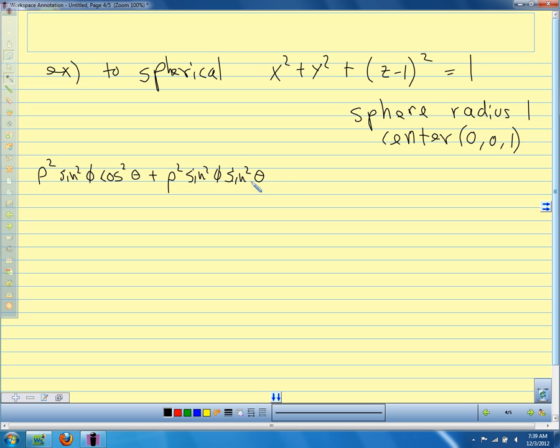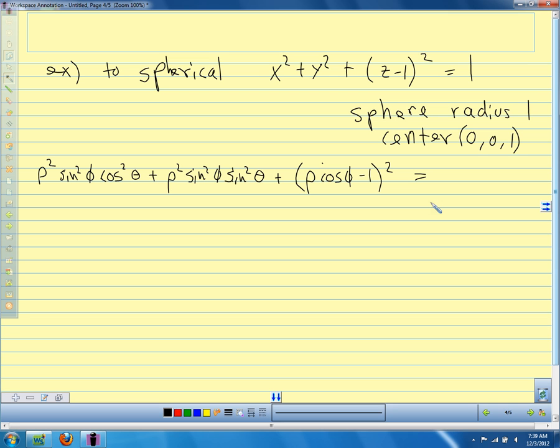That's my x squared plus y squared, plus rho cosine phi minus 1 squared, and that equals 1.